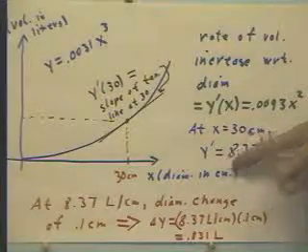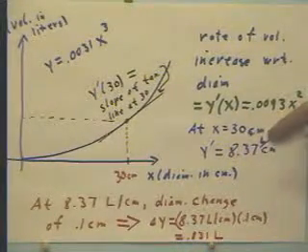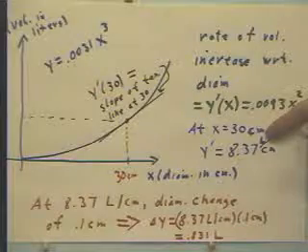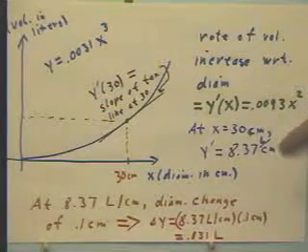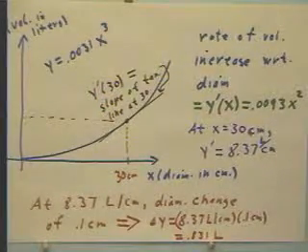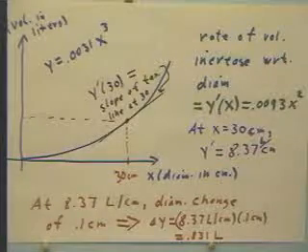At the rate of 8.37 liters of what? Liters of volume change per centimeter of diameter change. What do we get?